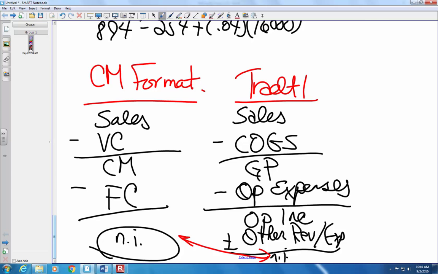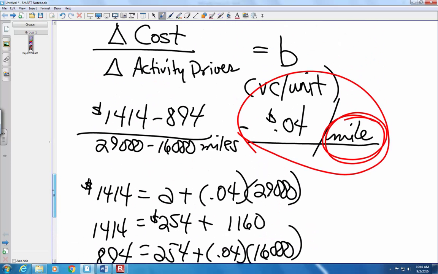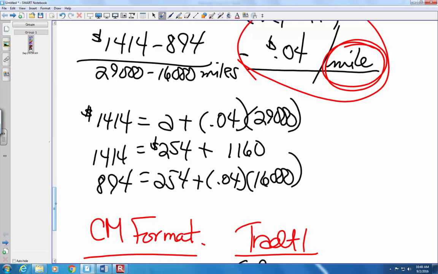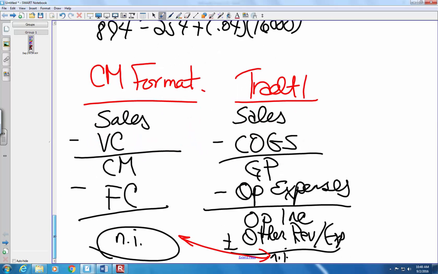So when we're doing all this work up here to break our fixed and variable costs down, it's so that we're able to put it into this format, and we're going to be using this number, well, all these numbers, but particularly contribution margin in chapters 3 and 5 extensively to analyze things like, what's my break even?